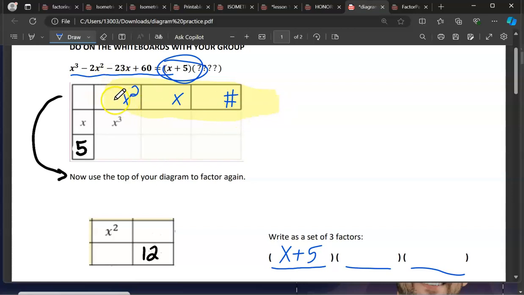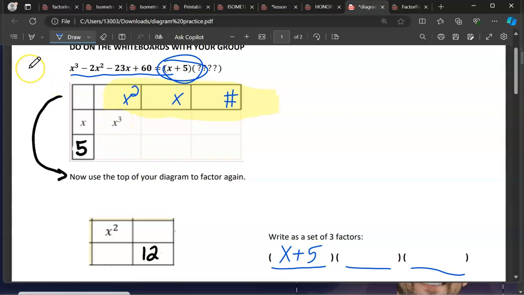So ultimately, we're trying to figure out what goes in this top row, because that's going to be what's in the parentheses with question marks. But again, first column is always an x squared column, next one is an x column, the last one is just a number. For this example, we've already been set the x cubed.